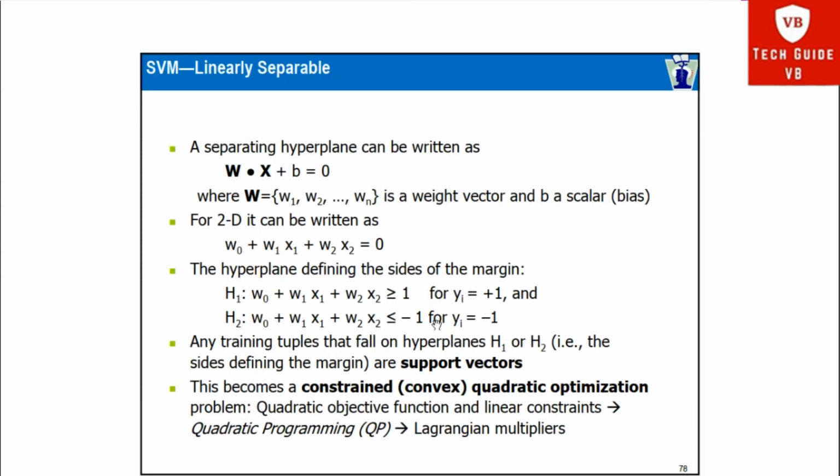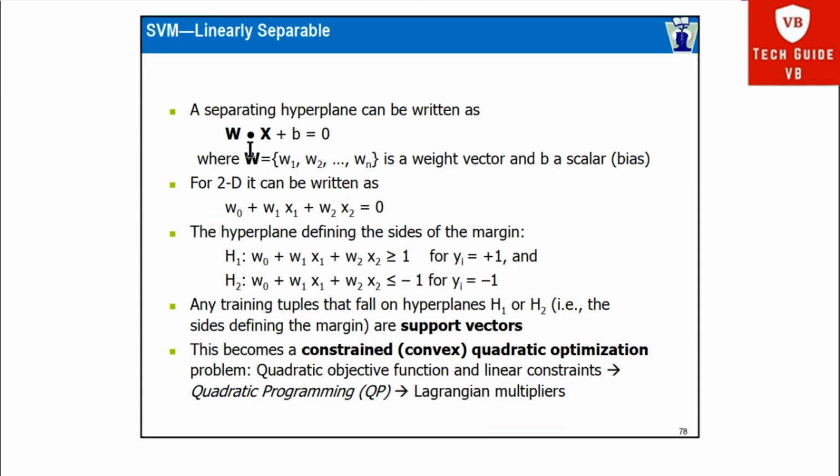Then the SVM for the linearly separable case. There is a formula for linear separation: W · X + b = 0, where b is a scalar, or we can say a constant, and W = (W1, W2, up to Wn) is a weight vector.